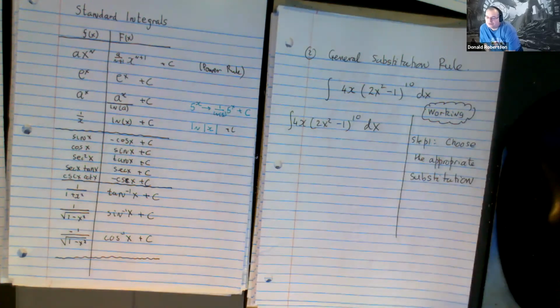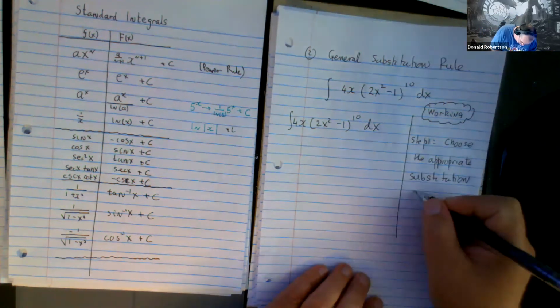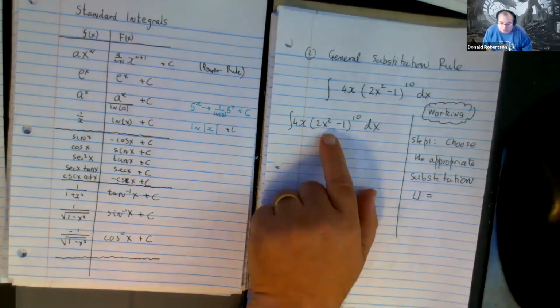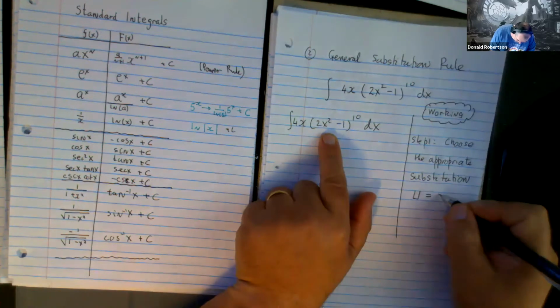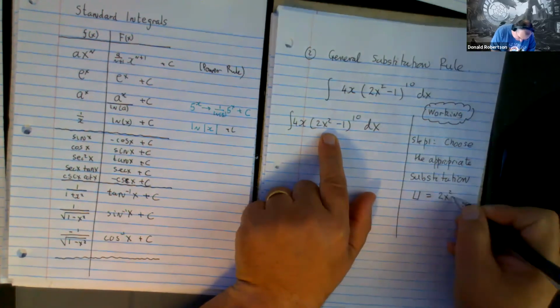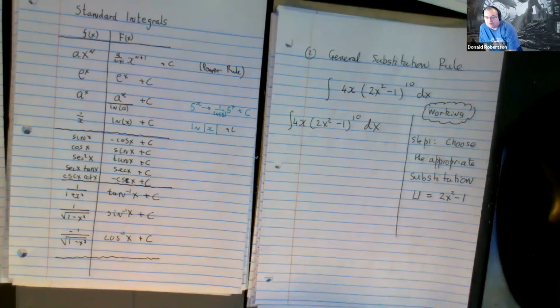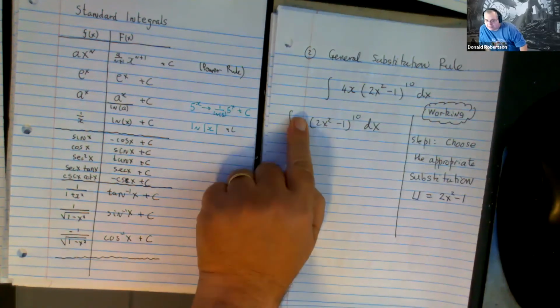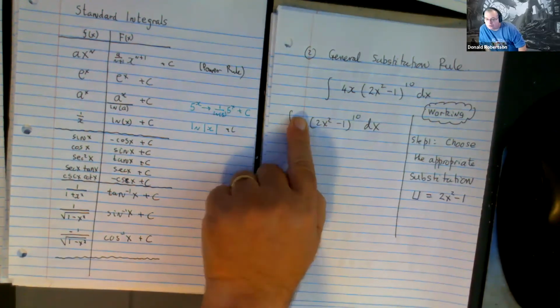And we need to choose the appropriate substitution. And typically we will call that substitution U. And in this case, the substitution is going to be that guy. Now, in this question, there's probably only 2 possible candidates for the substitution: the guy inside the brackets or the 4x.